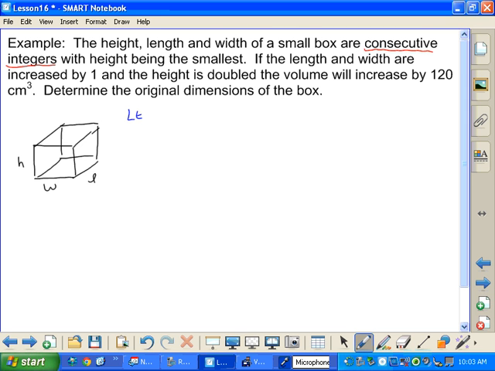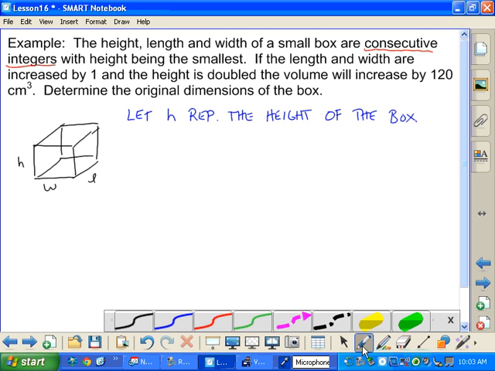It says that the height is the smallest of those. So let h represent the height of the box.